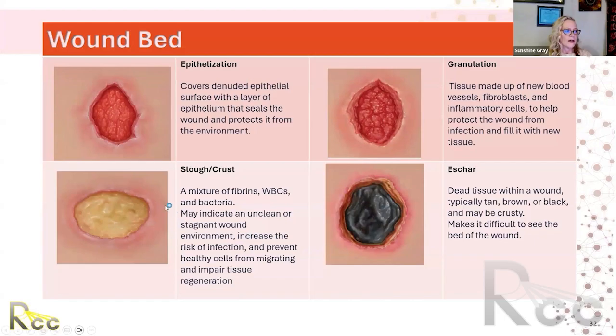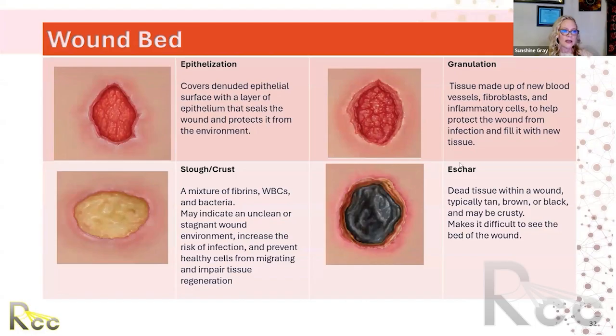So all that to say, sometimes it's difficult to tell the difference between a slough or crust and maceration, which we're going to talk about in a minute. If you see something that's looking brown or brown and weepy or moist, or yellow and weepy or moist, then that is something we want to clear from the skin because that is no longer helping the skin to heal.